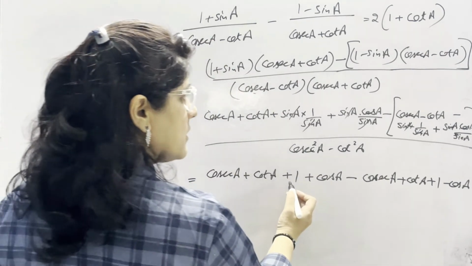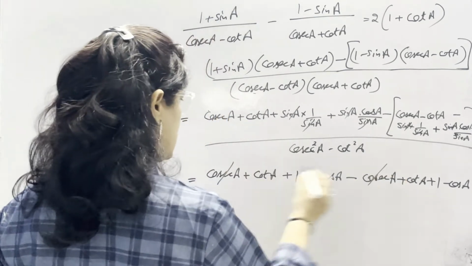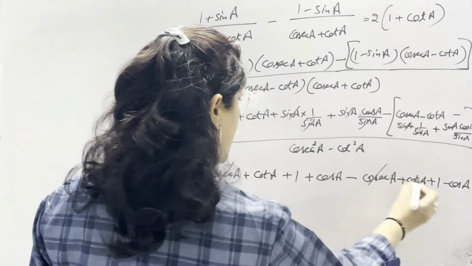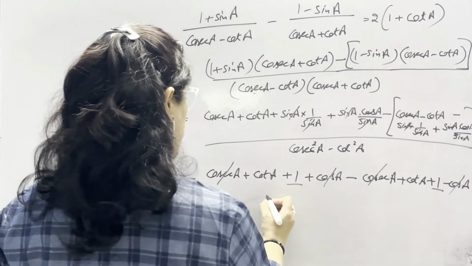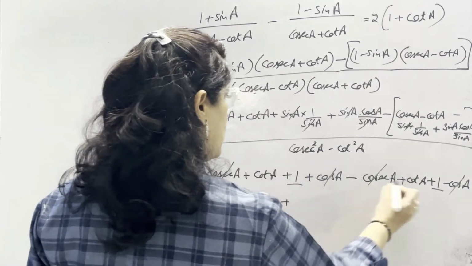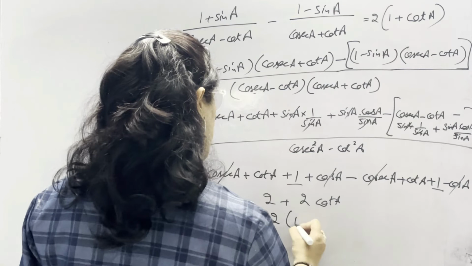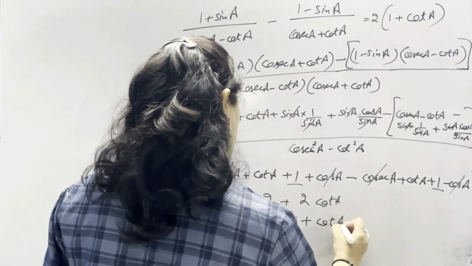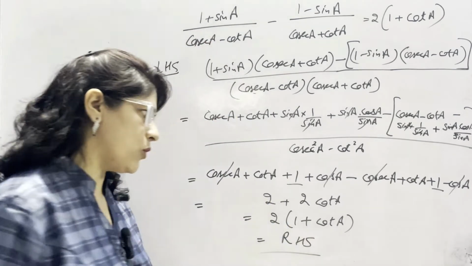Now this cosec a plus 1, this is minus cosec a, and cot a and 1, and this 1. Cos again cancels. So 1 plus 1 is 2, and 2 times cot means 2 cot a. So we can take 2 common and get 1 plus cot a. This is our right hand side. So hence proved.